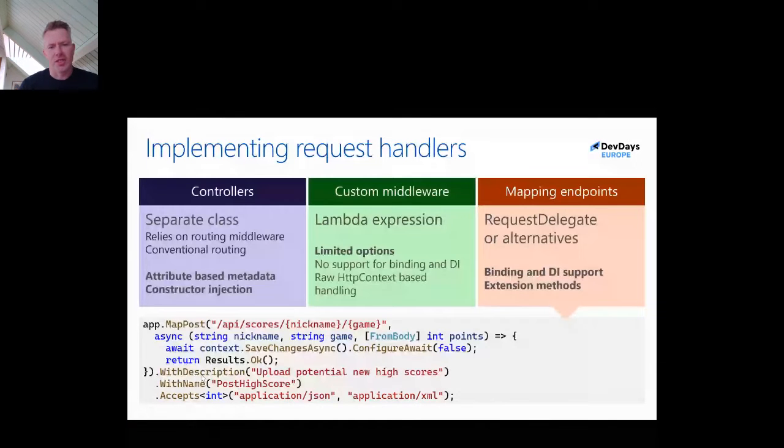Because this is what we had before. We had this piece of code here, the endpoint map post, that has the route to a request delegate, and request delegate takes an async method with just one parameter for HTTP context, and you need to figure out how to do everything using just HTTP context.